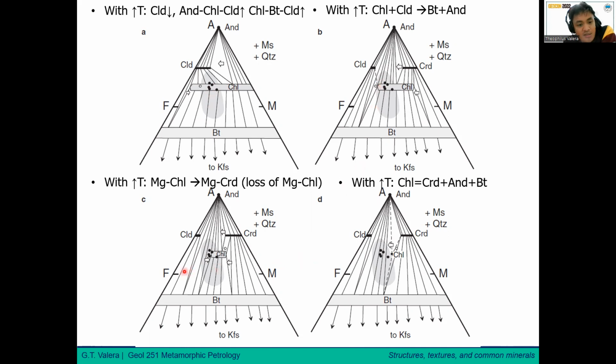Okay? And then theoretically, stable ba si chloritoid hanggang dulo? Pero because of the tie line flip, wala na siya. Hindi na siya makikita sa mga bato. And instead, eventually, yung chlorite natin, as it continues to shrink in size, eventually it gets run over by the cordierite field. So yung cordierite and biotite and andalusite eventually forms in triangle natin, which we will now see sa bato natin.